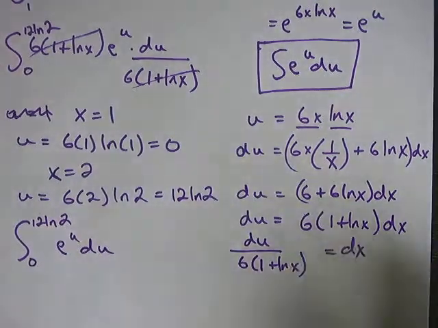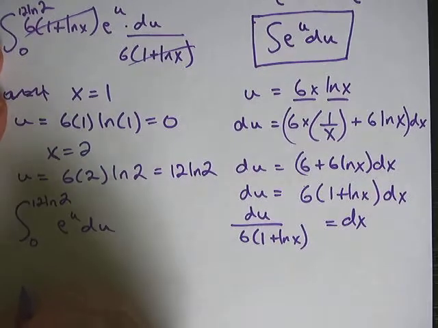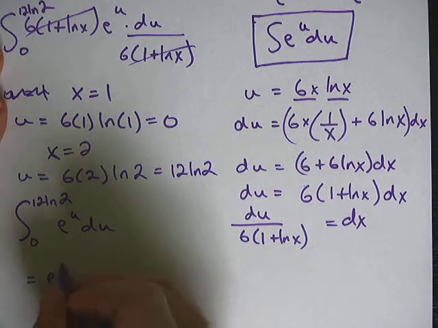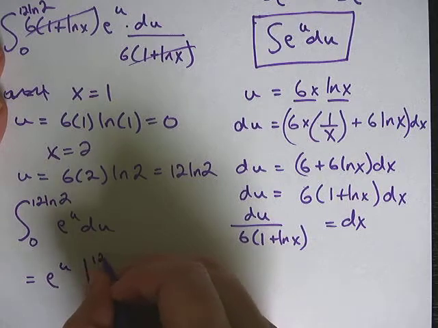Now that's very easy. That's probably the easiest integral to take, because the antiderivative of e to the u is e to the u. So this is equal to e to the u from 0 to 12 ln 2.